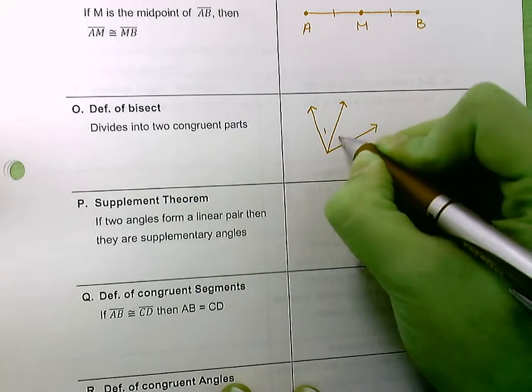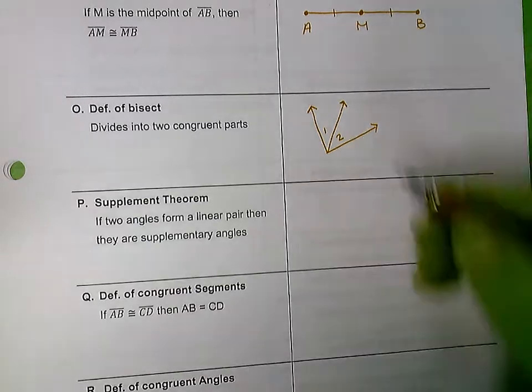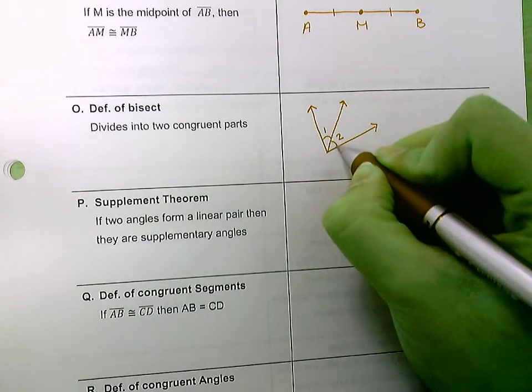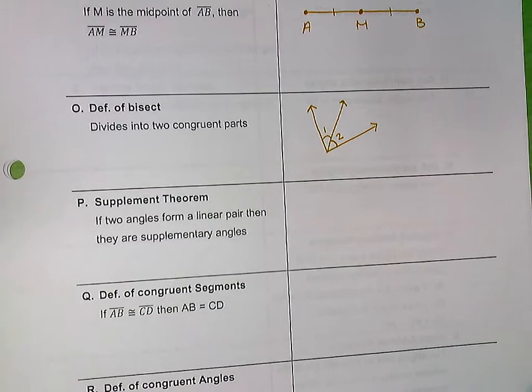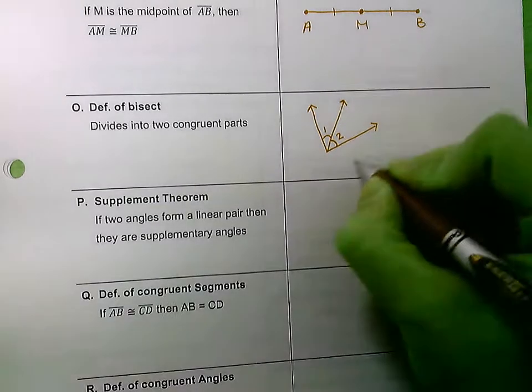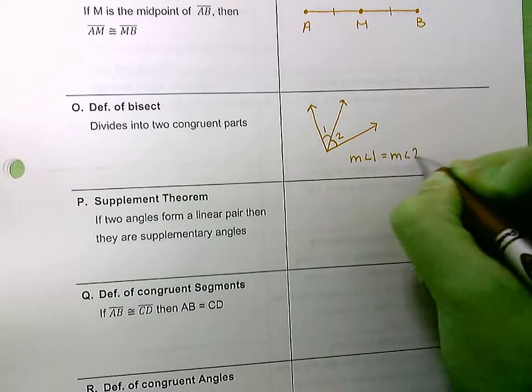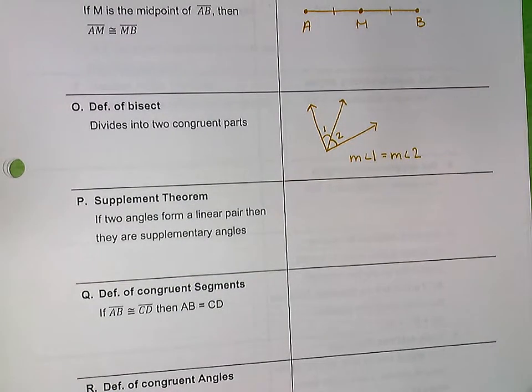Now if I have angle 1 and angle 2, two angles drawn in there, I could say those two angles are congruent, and I'll label them with those arcs. So if that ray bisects that angle, I know the measure of angle 1 is equal to the measure of angle 2. Those two angles would be equal or congruent. That's what bisect does: if something bisects something else, it splits it into two equal parts.